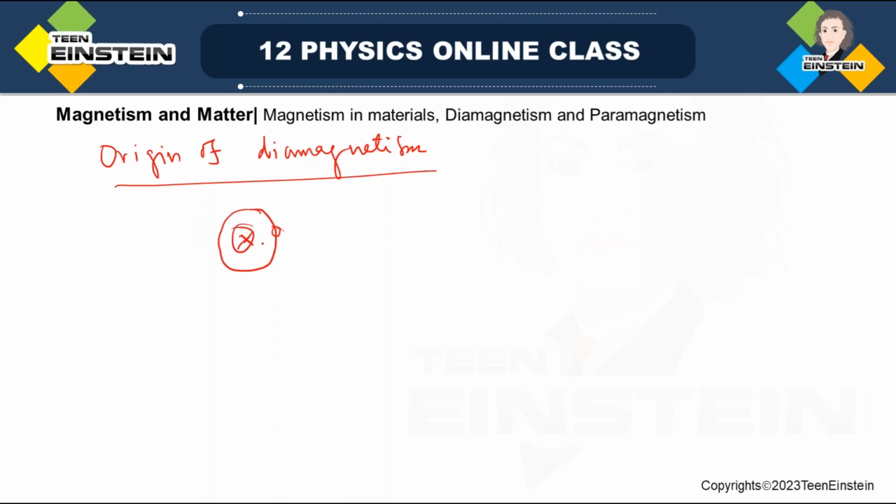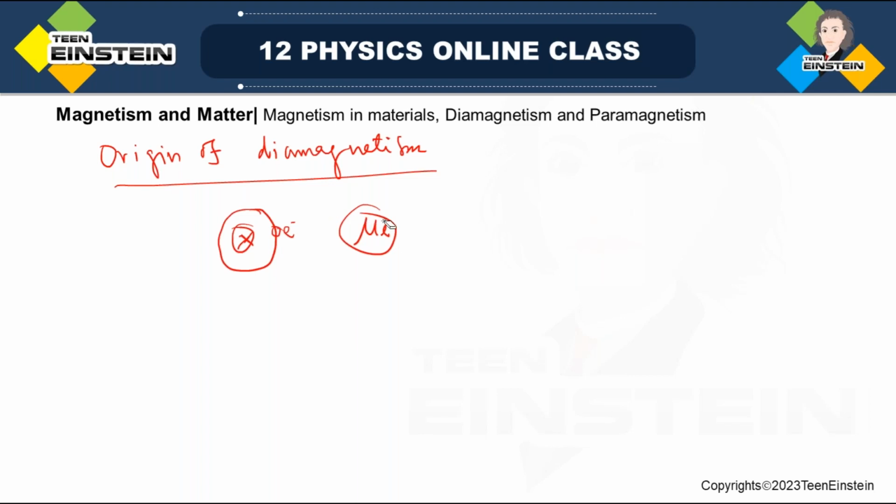So this orbiting electron will produce a magnetic moment, which we have already seen, called the orbital magnetic moment.